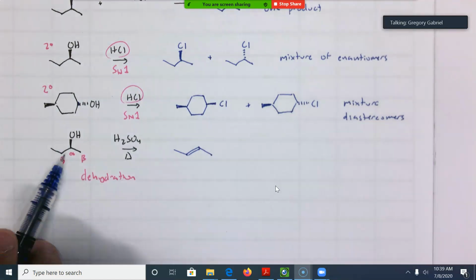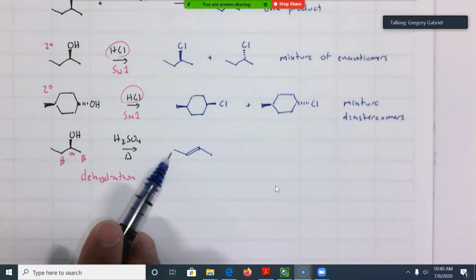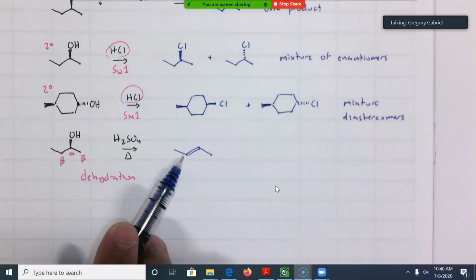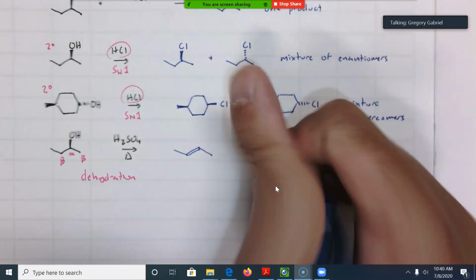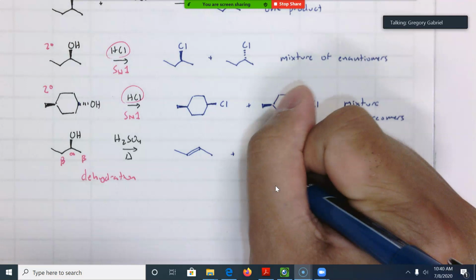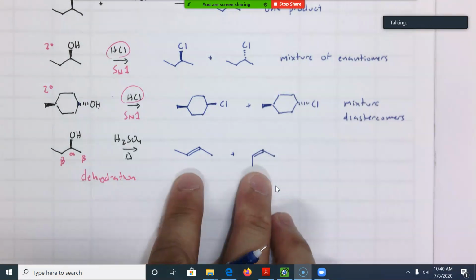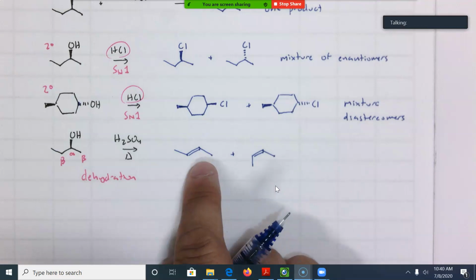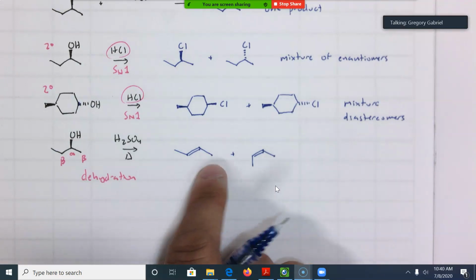But you know that this bond rotates. So when you eliminate the OH and the beta hydrogen, that methyl group can be exactly where it is, or that methyl group can be down here, and that's a possibility. We get cis and trans alkenes when we do dehydration, if you have a molecule that can show cis-trans.